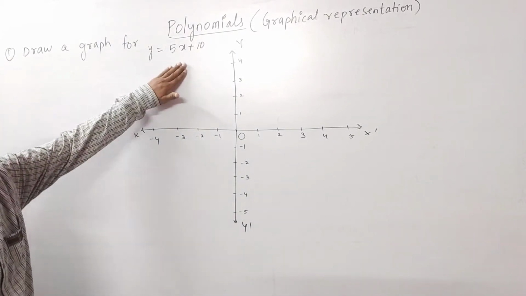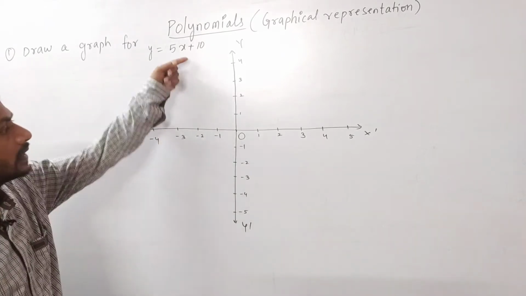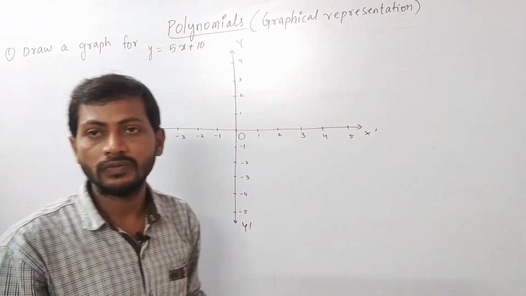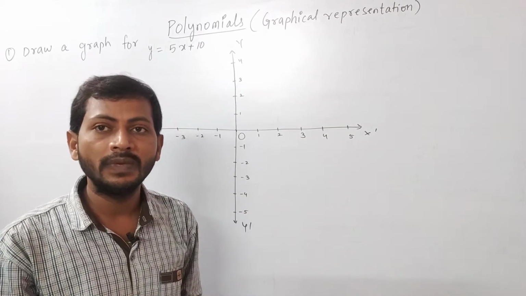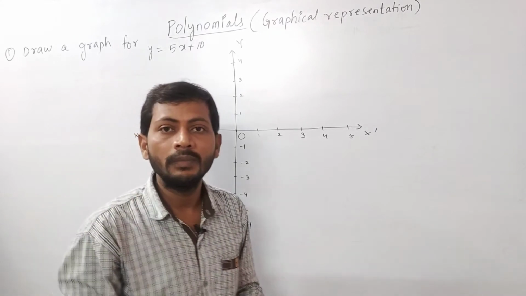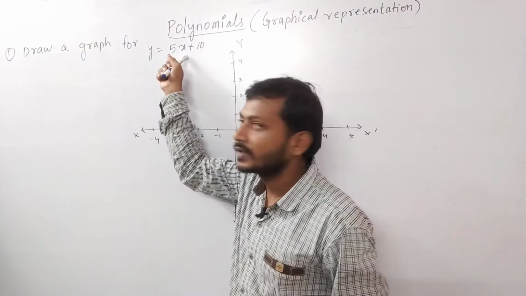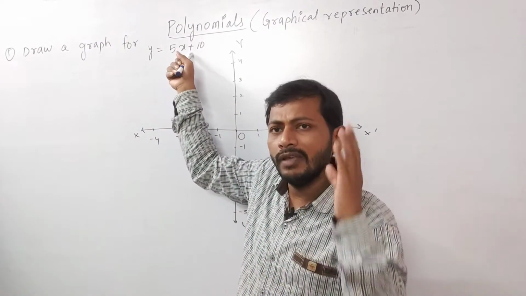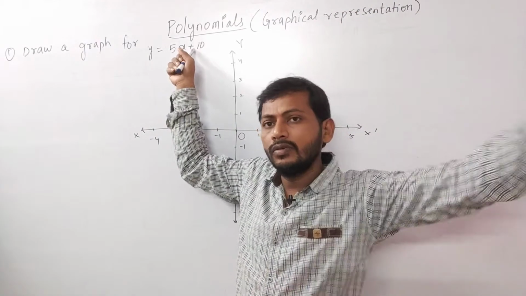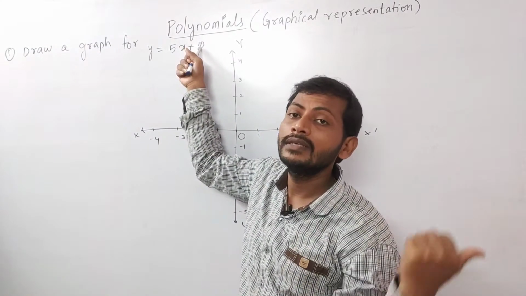This equation I want to represent here. By representing this, I can say its zeros. What is meant by a zero of the polynomial? If you substitute a value of x in that equation, you can take any value, 0, 1, 2, 3, 4, up to some finite value, or even a minus value.